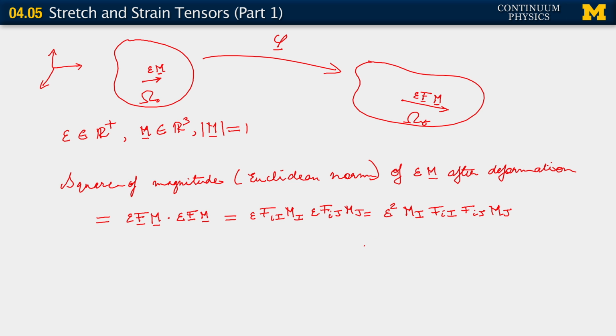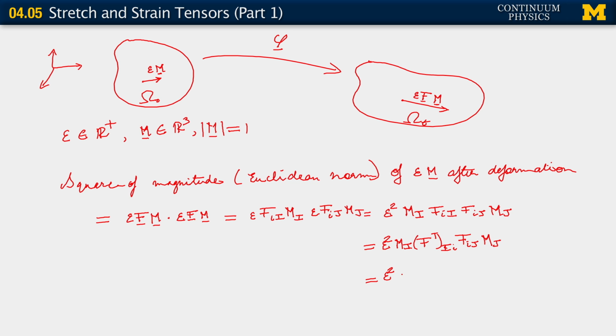Now, observing the arrangement of indices on the first F and on the second F, if you recall the way we defined transposes, it should be clear that what we have here is F transpose I i, F i J, m J. And now when we put it all back together, going away from coordinate notation, we essentially have this product here.